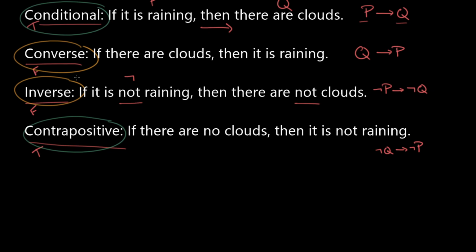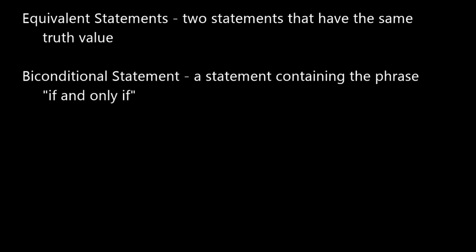And so we actually have a name for these. We have a name for what that is, and the name is equivalent statements. Equivalent statements are statements that have the same truth value.